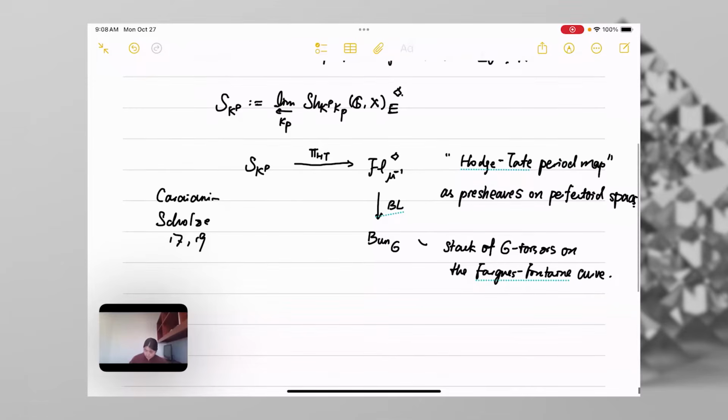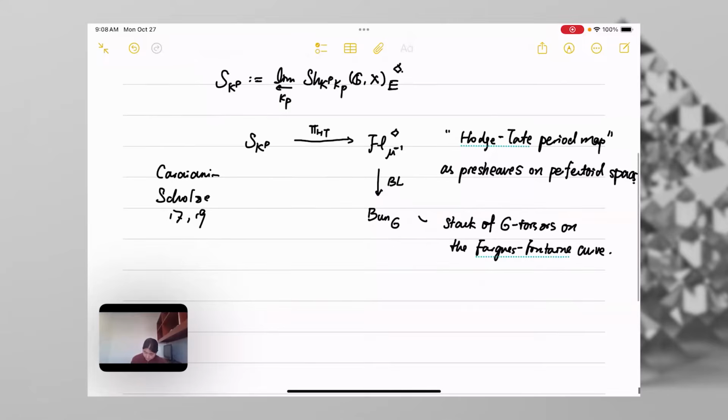Around the same time, Fargues and Scholze were writing down their program for geometrizing the local Langlands correspondence using the stack Bun_G, where they use sheaves on Bun_G as an incarnation of the automorphic side of the local Langlands correspondence.